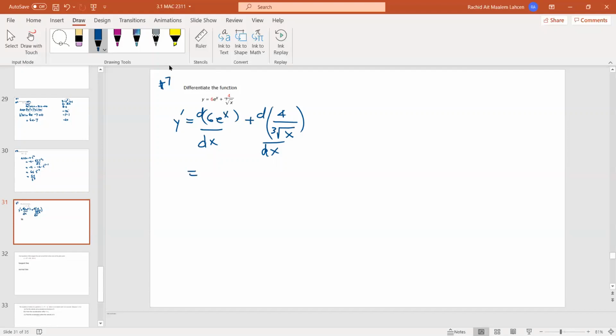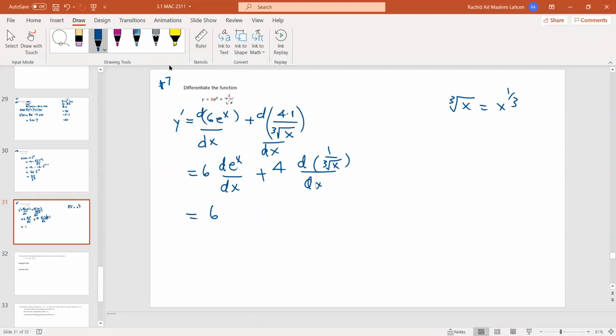Then if you want to apply the rules, 6 goes out, just to show details, and we skip them later. So the 4 again is the same for d over dx of this. This is 4 times 1 over this thing. And we know that this thing is x to the 1/3, right?